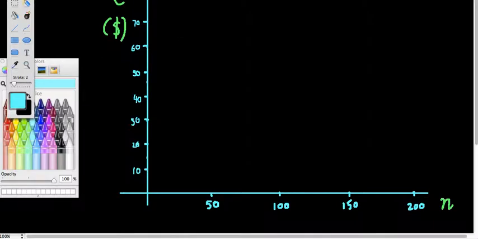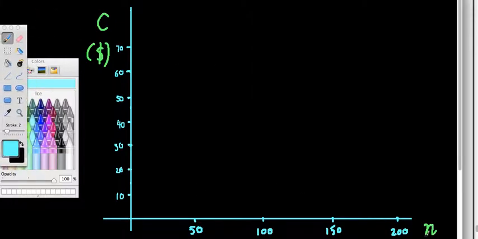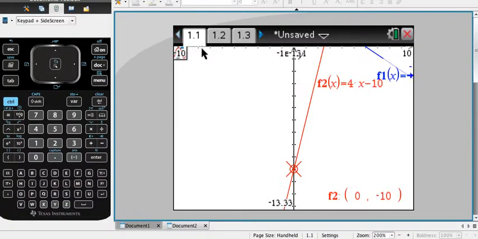I just might need to move this down a little bit so you can see it. And there it is there. Okay, so what I need to do is, you'll see that I've marked on from 10 to 70 and I've marked from 50 to 200, but first you'd probably want to put these into your calculator just so you can see.